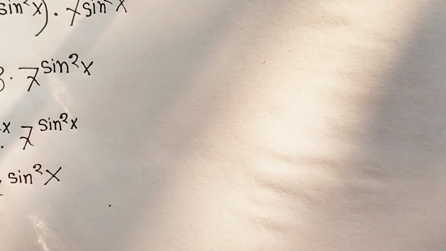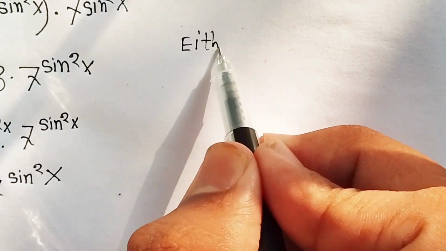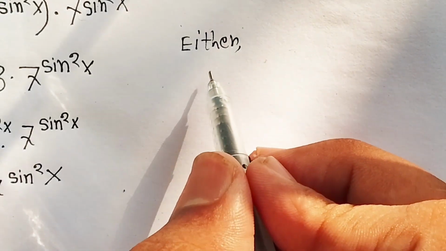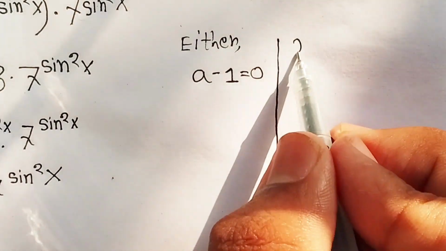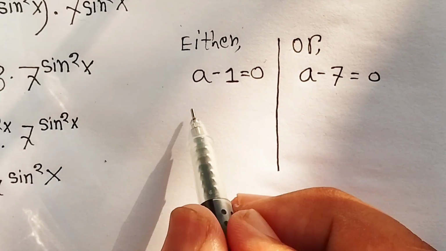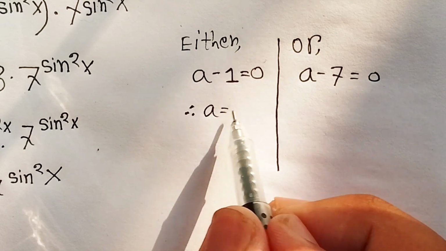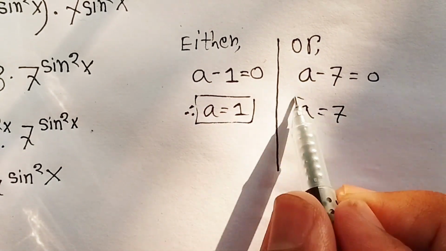So now we rewrite this equation, and we will get either a minus 1 is equal to 0 or a minus 7 is equal to 0. So here the value of a is equal to 1 and the value of a is equal to 7.